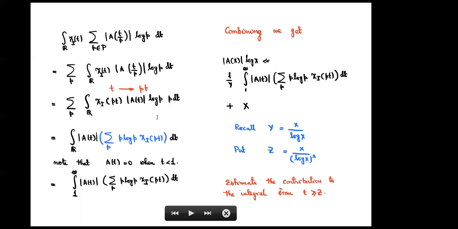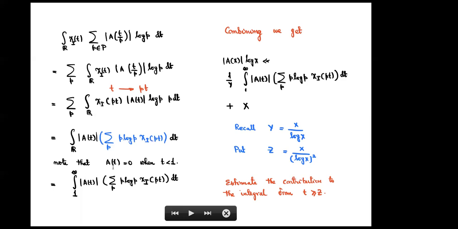So now, again interchanging the integral and the sum, the integral goes out and the sum goes in. And what you finally have is just p log p, the characteristic function of the interval evaluated at pt dt. And the integral is of absolute value at times this particular sum over primes dt.